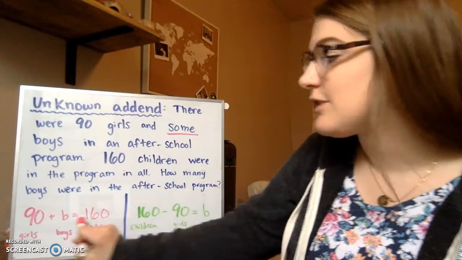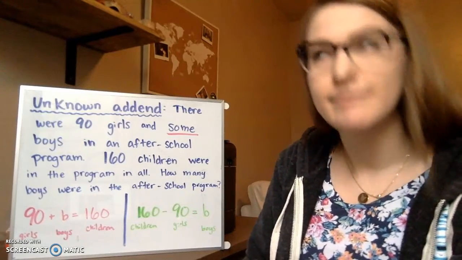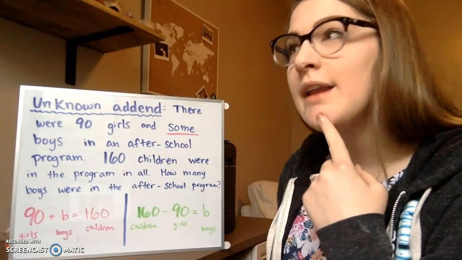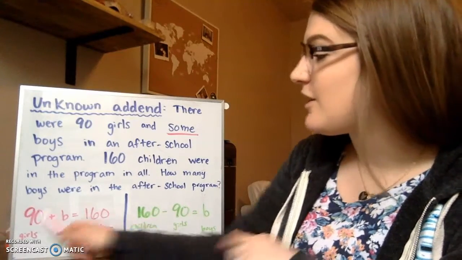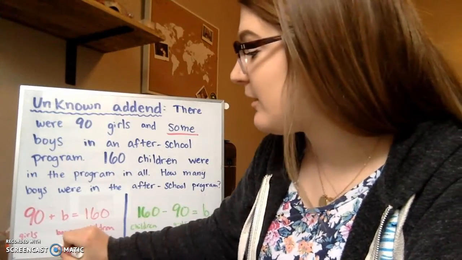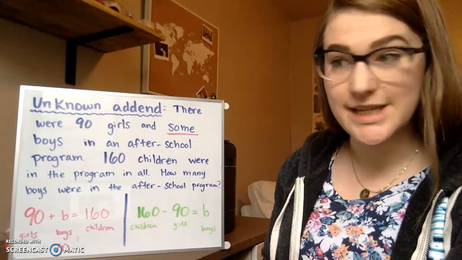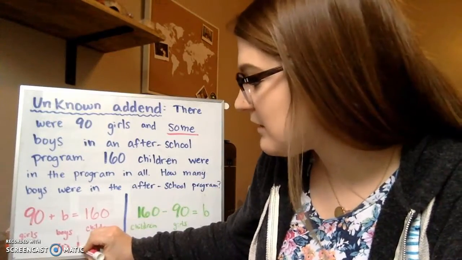So then you would just have to solve 90 plus what equals 160. If I know 9 plus 7 is 16, I would know that 90 plus 70 equals 160. So my answer would be 70 boys.